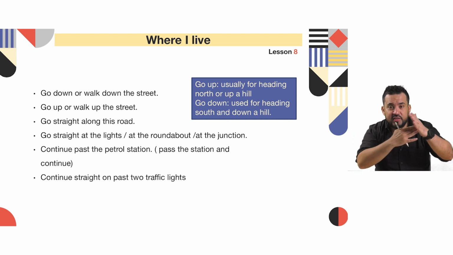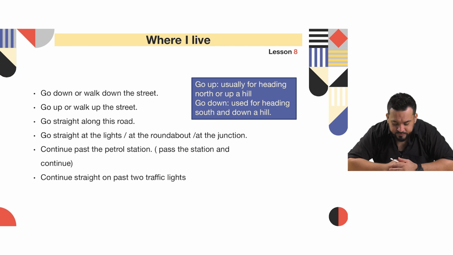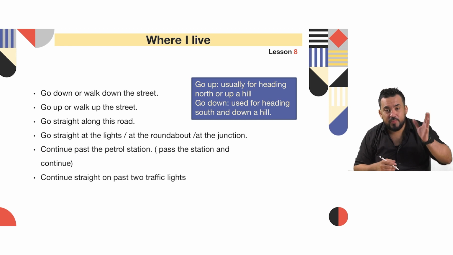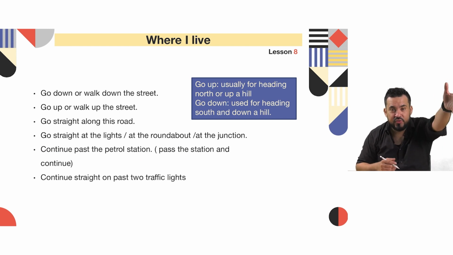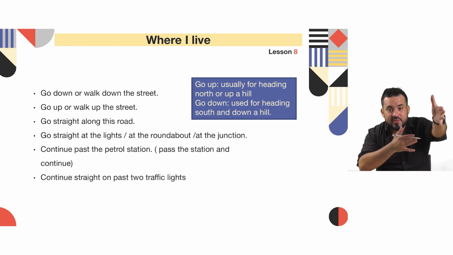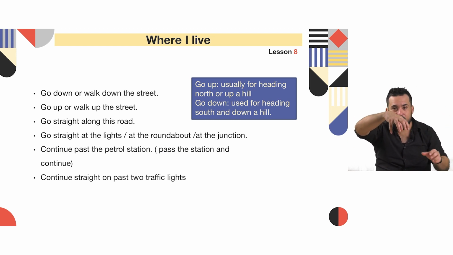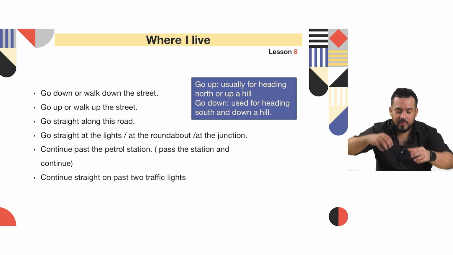A junction is like an intersection. Continue past the petrol station. It means go to the petrol station and continue going. That means past the petrol station. So let's say this is the petrol station right here, and you are walking here, so continue past the petrol station.